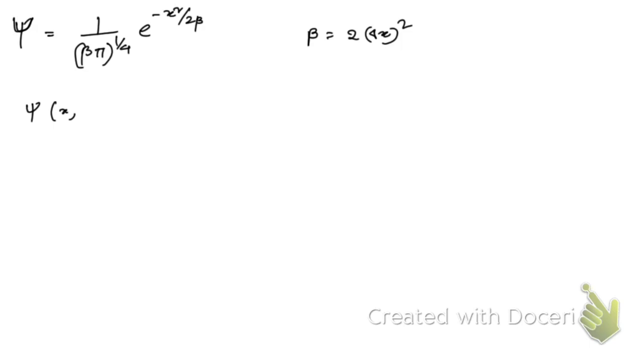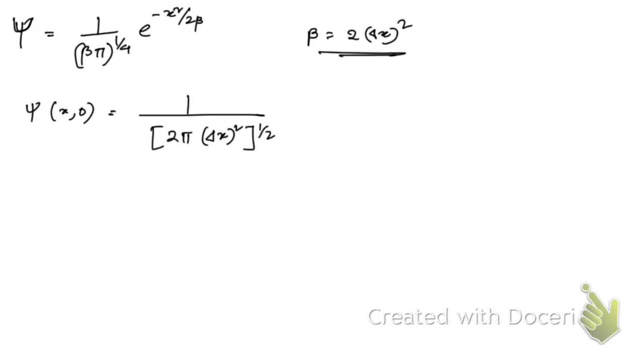So you can write it this way: if you replace beta by this value, you're going to get 1 by 2 pi del x square, whole to the power 1 by 4, into e to the power minus x square, then replace this beta as well, you're going to get 4 del x square. That's what you're going to have, right?